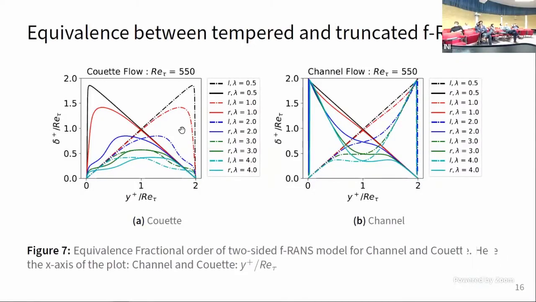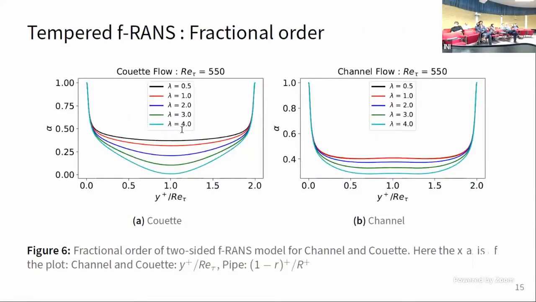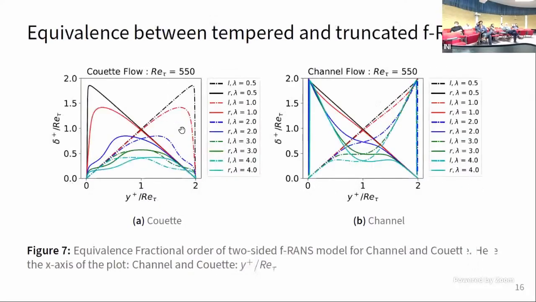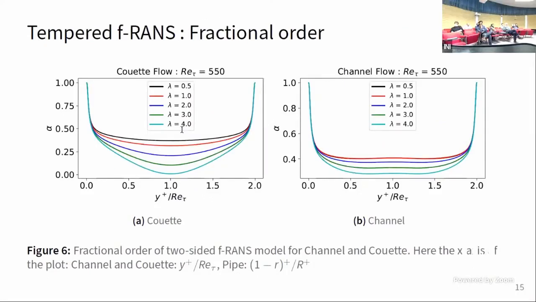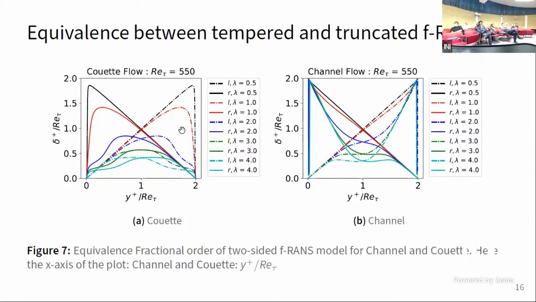So what I did was compute these curves first, and once I have computed these curves, I have a fractional order. Then the logical question is: what is the corresponding delta value such that this will give me nice smooth solutions? It so happened that delta is no longer a constant, but a function of space as well.